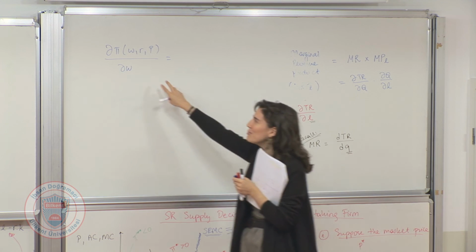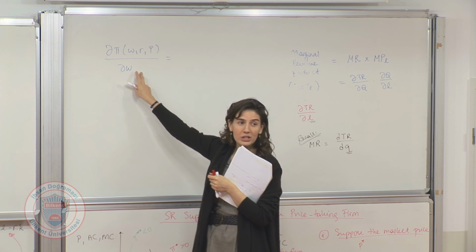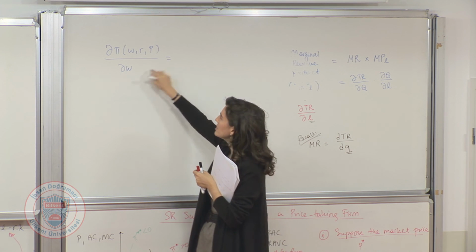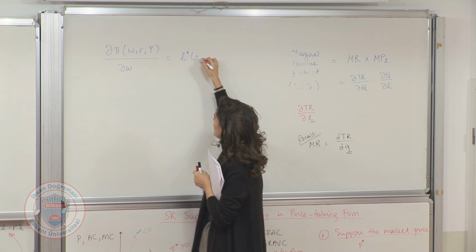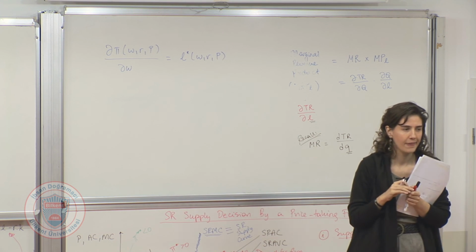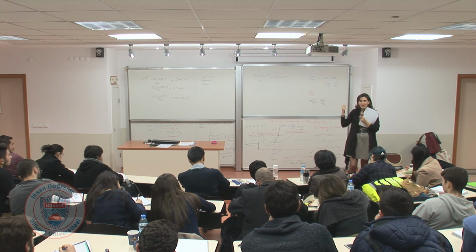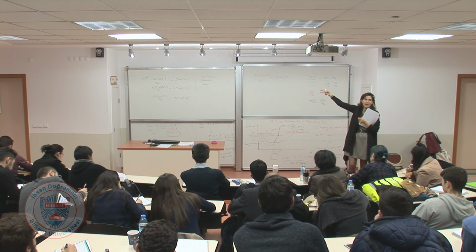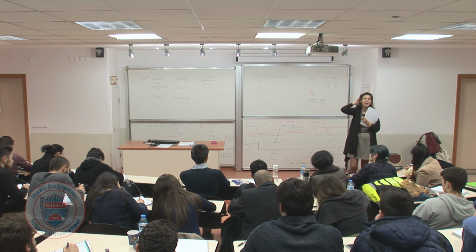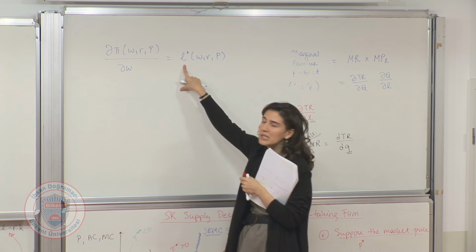With the same logic, this gives me the unconditional input demand, so this is going to give me L star of wage, R, p. You see the logic, it's always the same. You can apply the envelope theorem and get the same result, okay? But do you think this is true?